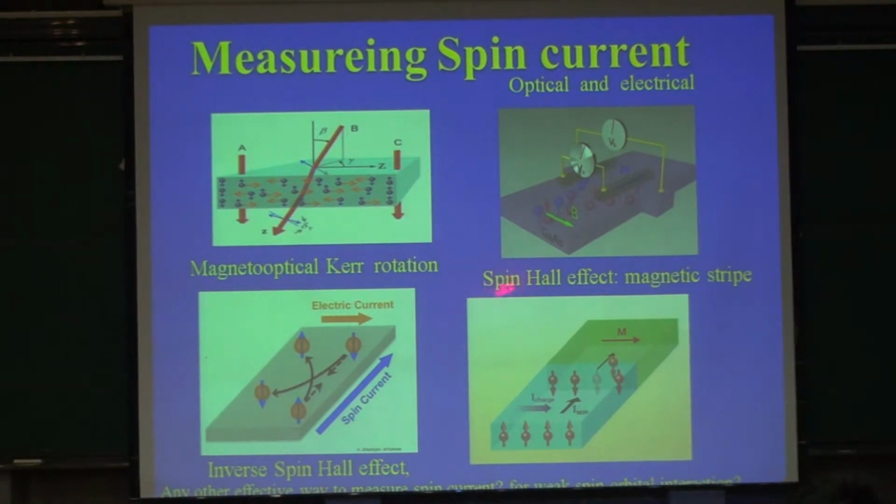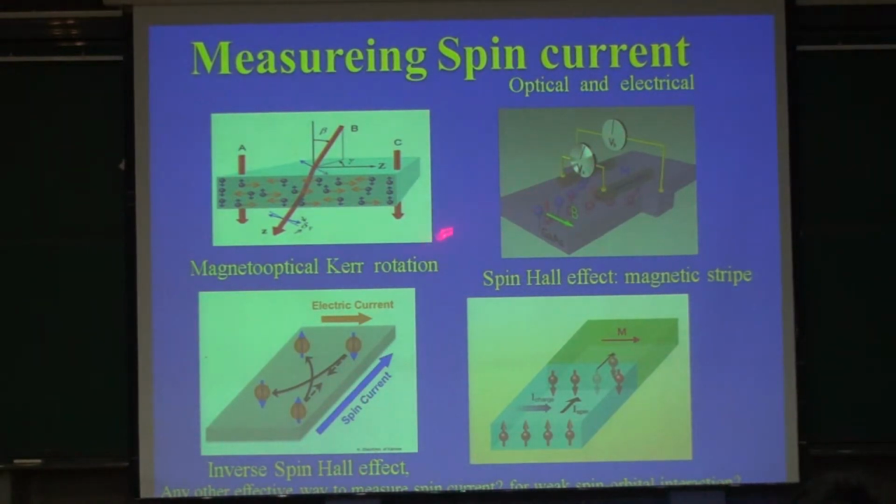And we also use the spin Hall effect, such as this. You have two magnetic stripes in here, and you change the magnetization on the magnetic stripe. So you can use the spin Hall effect to measure the spin current, and you can also use the inverse spin Hall effect to measure that.